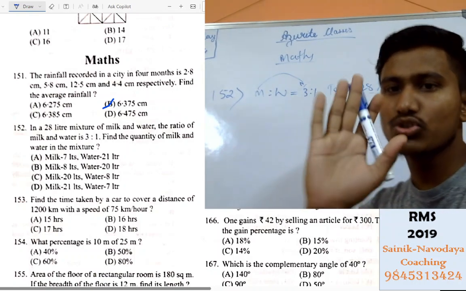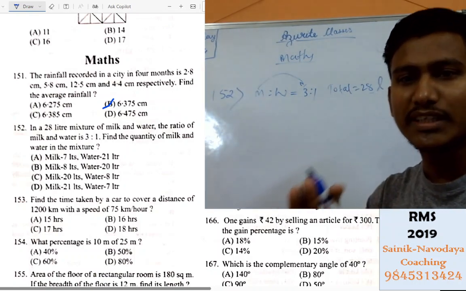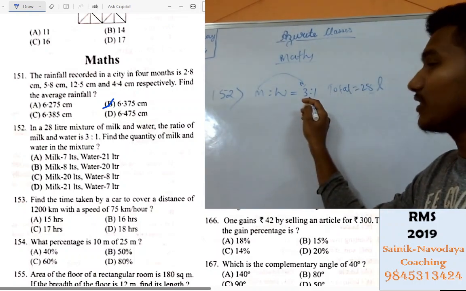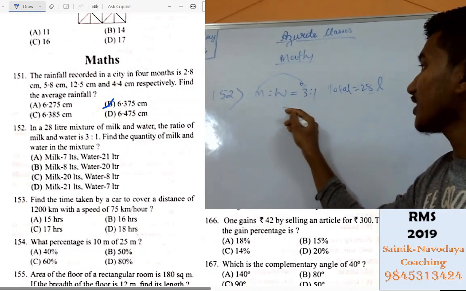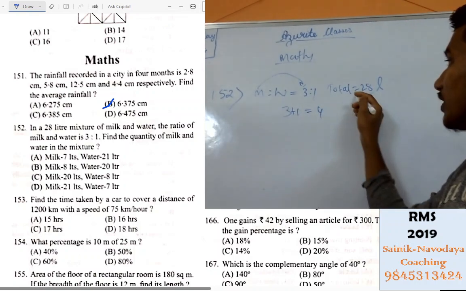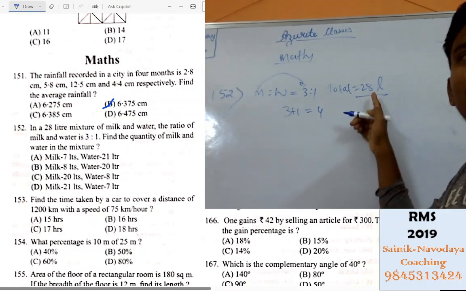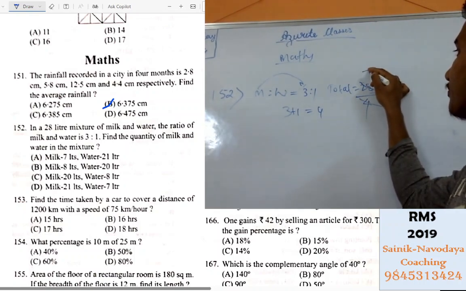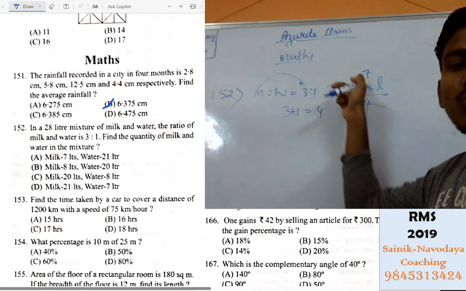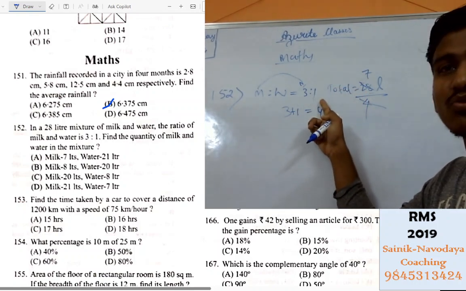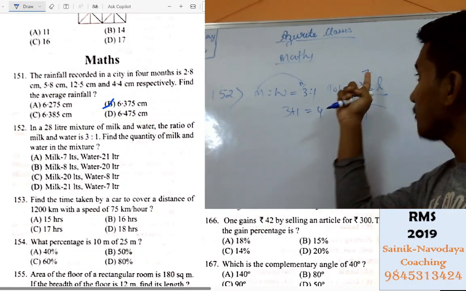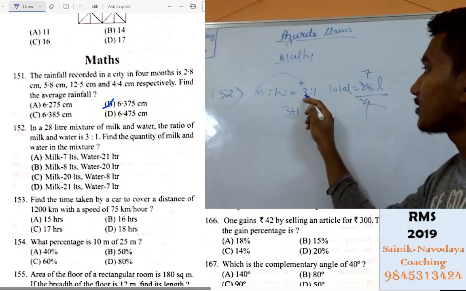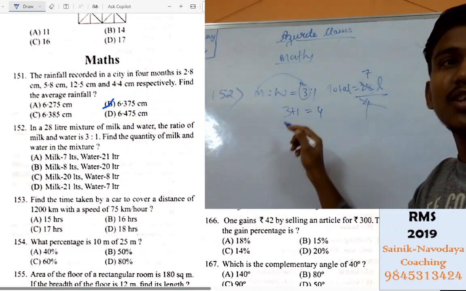So see students, you should remember the shortcut. That is, milk and water, 3 plus 1 is 4. So you should divide the total by 4. 4 7s are 28. So one part is 7. Total parts 3 plus 1 is 4 parts, right? So one part is 7, and 3 parts will be how much? 21.